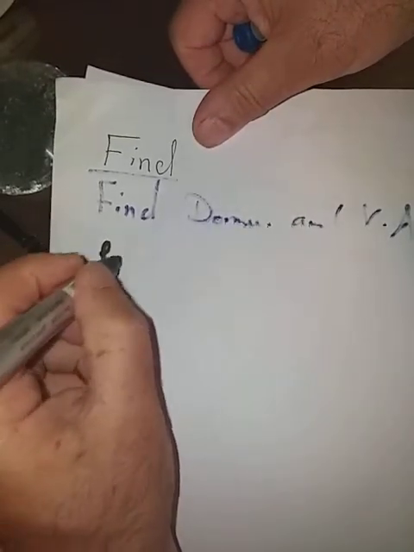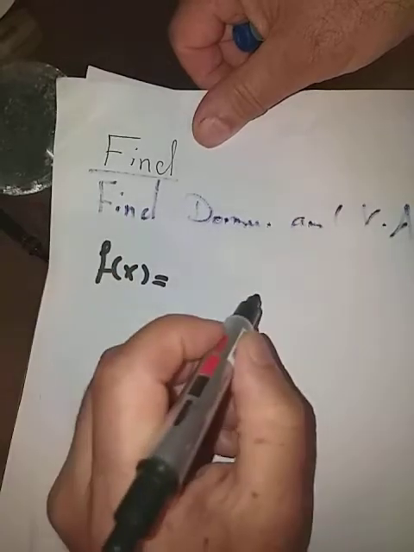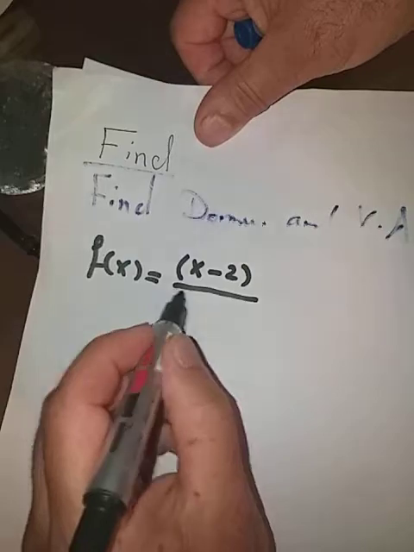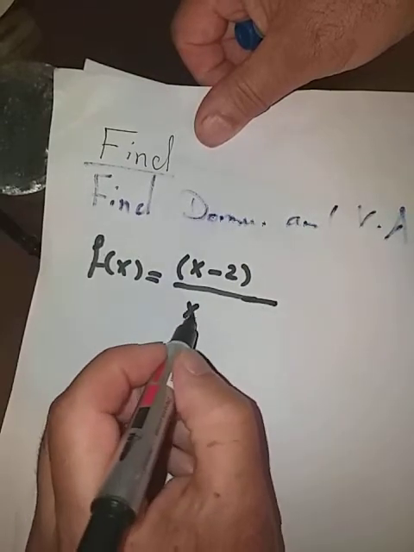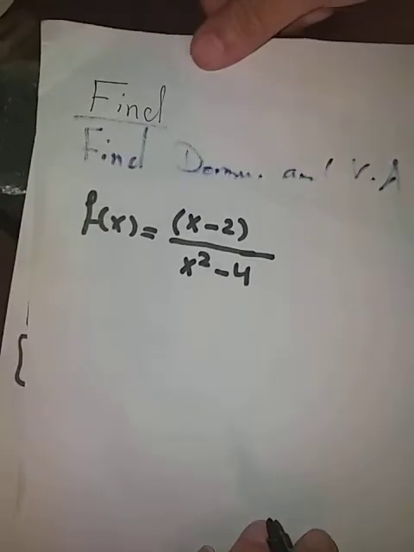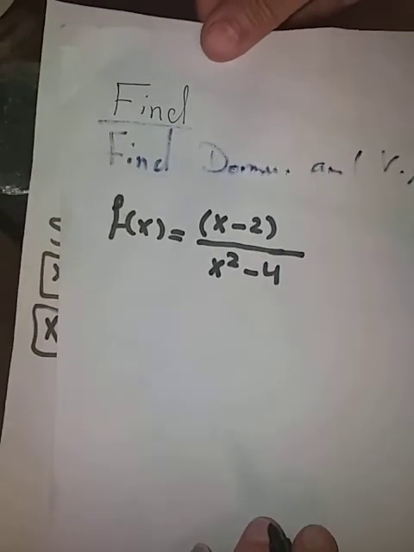If you have f of x equal to x minus 2 over x squared minus 4, find the domain and vertical asymptote.